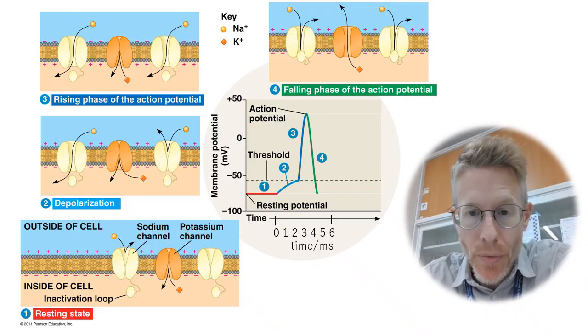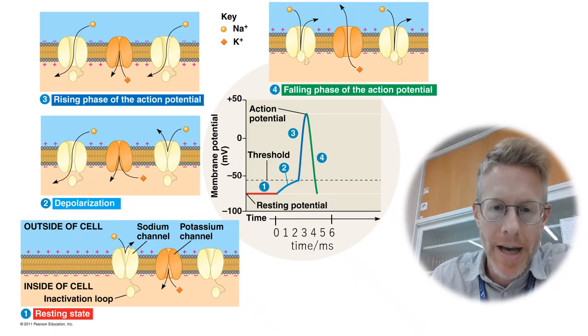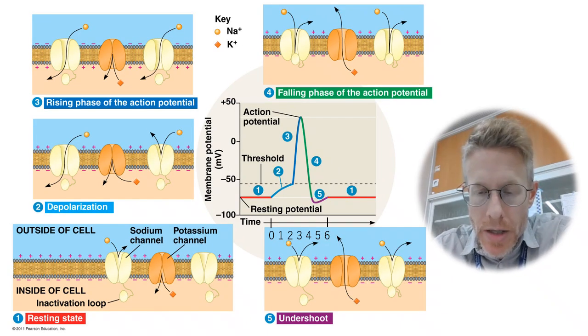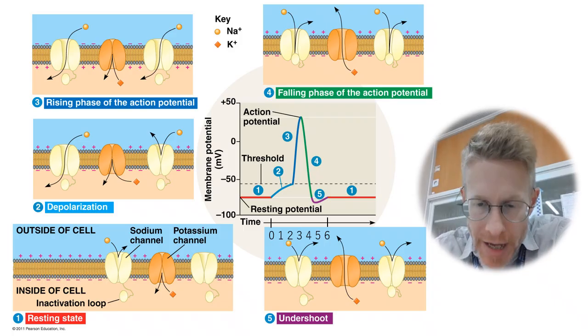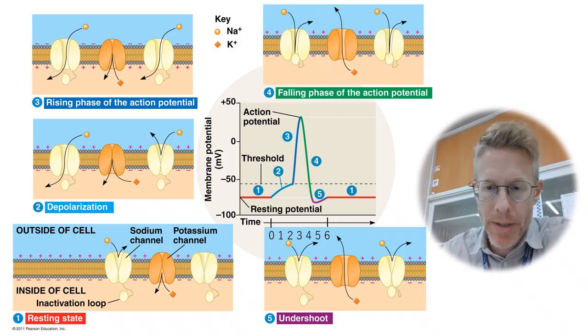We call that repolarization. In this diagram, it's called the falling phase of the action potential. That will usually continue to decrease the voltage to below resting potential. We call that an undershoot. And then the sodium-potassium pump returns the voltage across the membrane back to the resting potential.